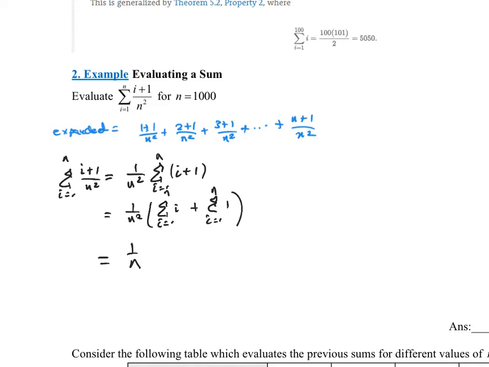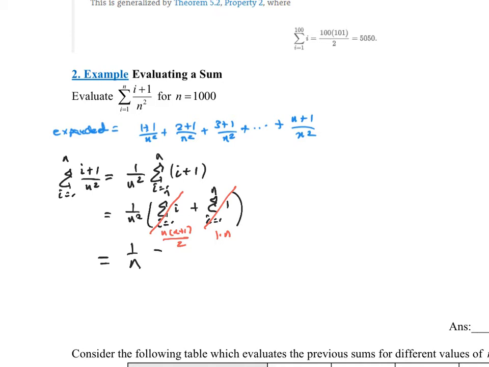Now we're able to use those rules that we had on the previous page. We know that the sum from i equals 1 to n of i is given by that formula on the previous page, n times (n plus 1) all over 2. We also know that a sum of a constant is that constant times n, or in this case 1 times n, which is just n.